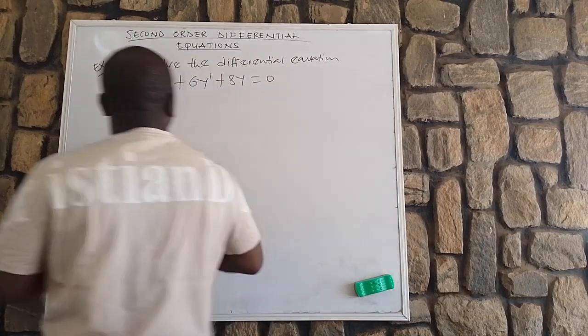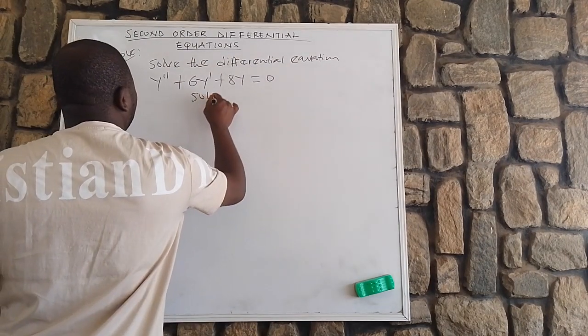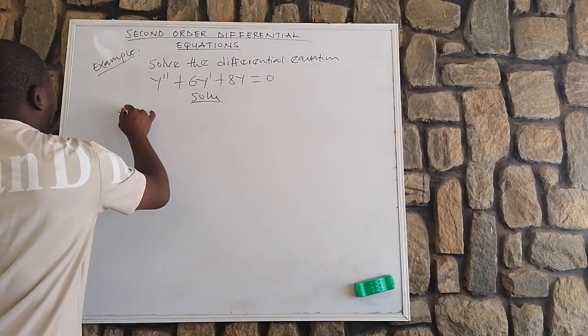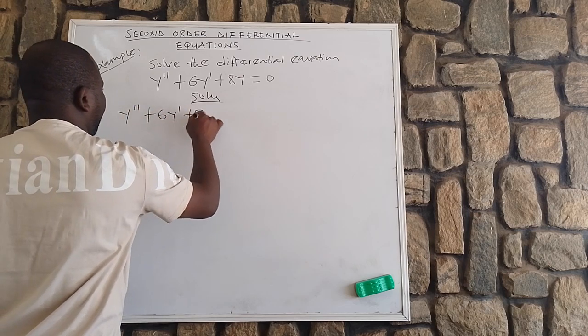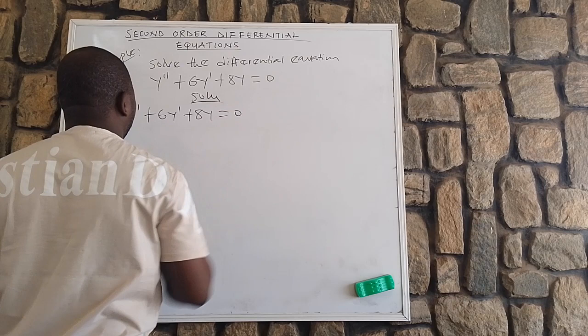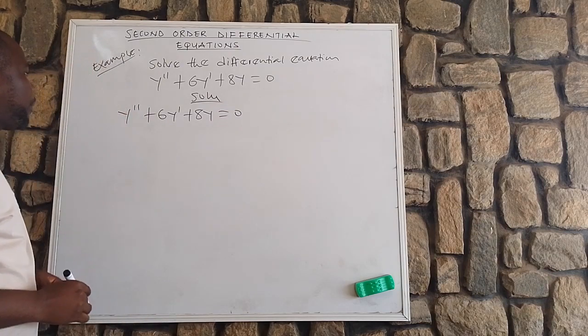So we now write the solution: y prime prime plus 6y prime plus 8y equals 0.